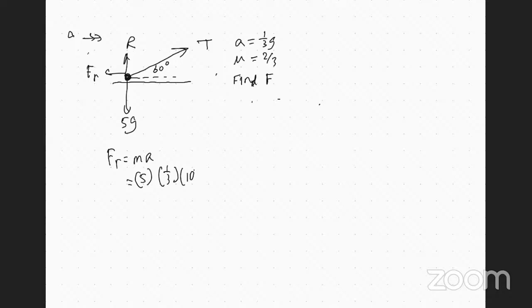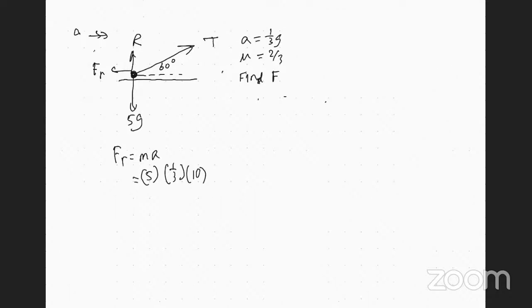And I was just asking what to do with T, and somebody told me to resolve it. So here will be T cos 60, and here will be T sine 60. The forces that contribute to the acceleration will be T cos 60 minus friction.